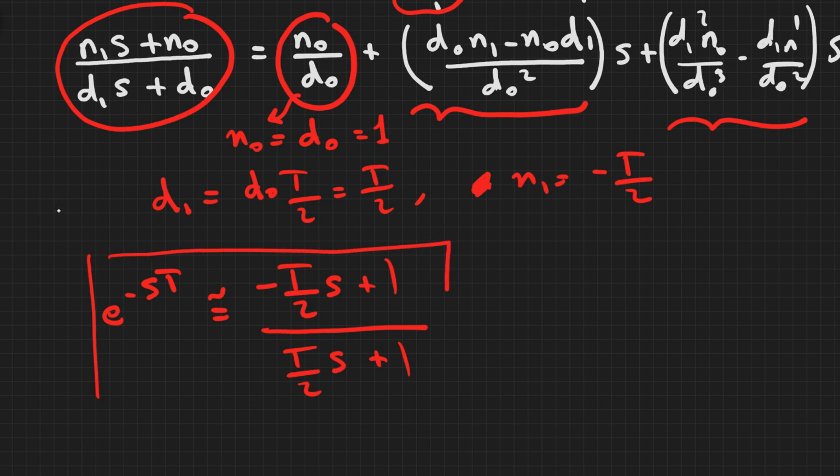And this is what we call the Padé approximation. So it's very simple. It just comes from the power series expansion of a rational function. If you expand this, we know that it provides a correct expansion of e to the minus st up to second order.